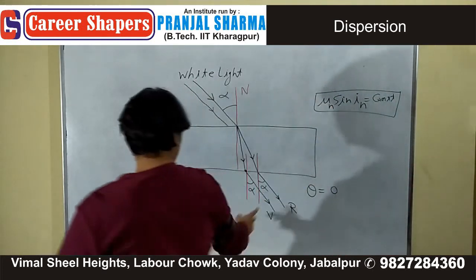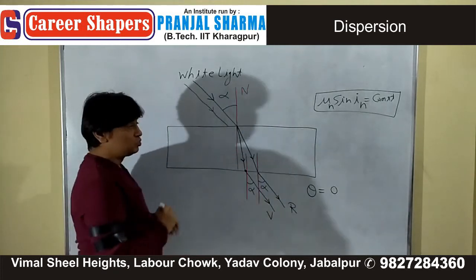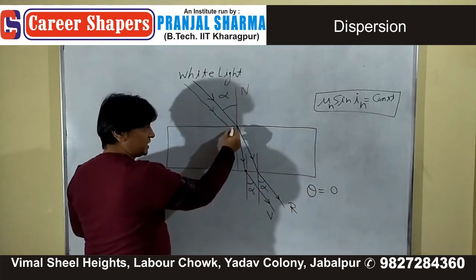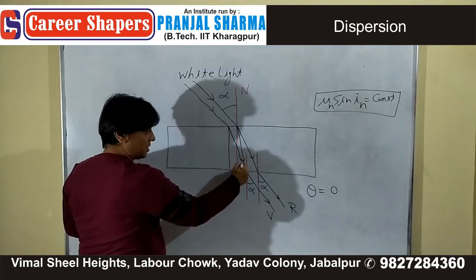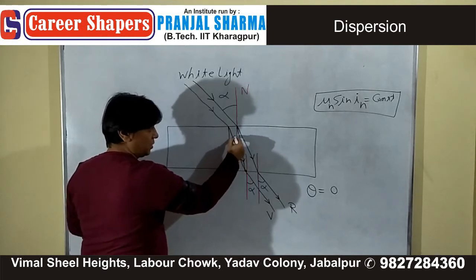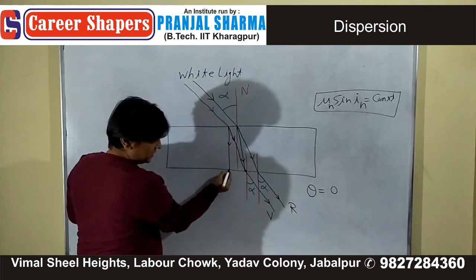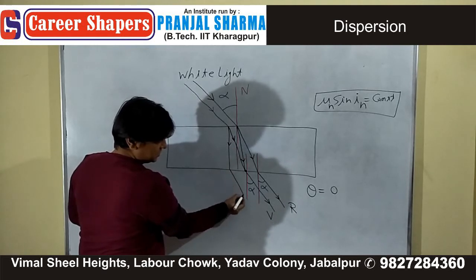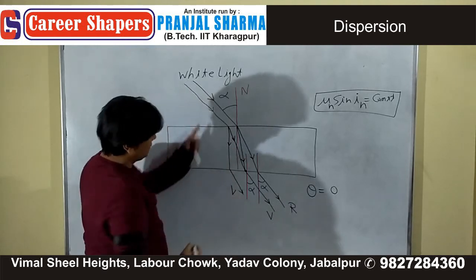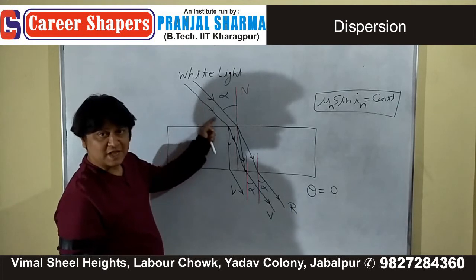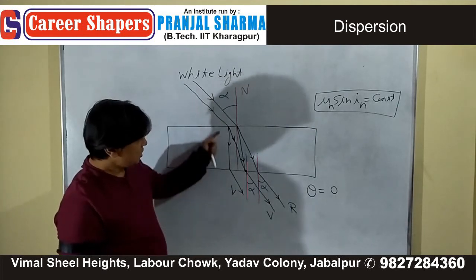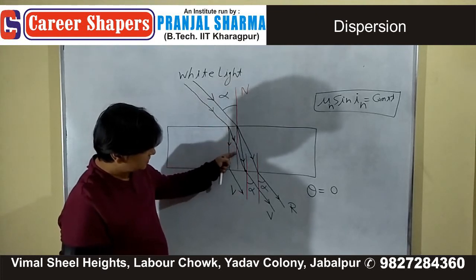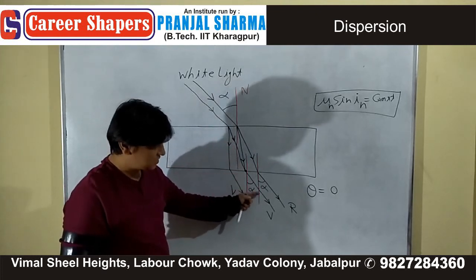V and R. So when it splits into V and R, look what we have done. This is V of this second ray, that's the V. This is R, this is R, this is R, this is R.